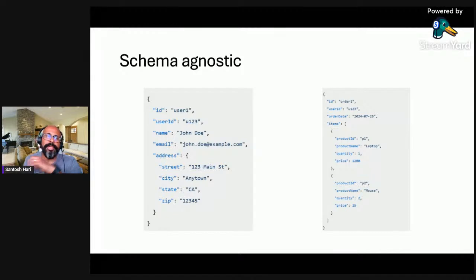One thing to keep in mind, Cosmos data is schema agnostic. If you look at the data on the left and the data on the right, they have basically the same two fields, right? They have the ID and user ID. So these two records can be stored in the same container, right?